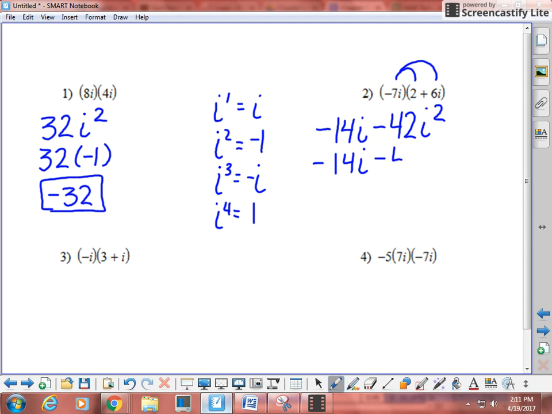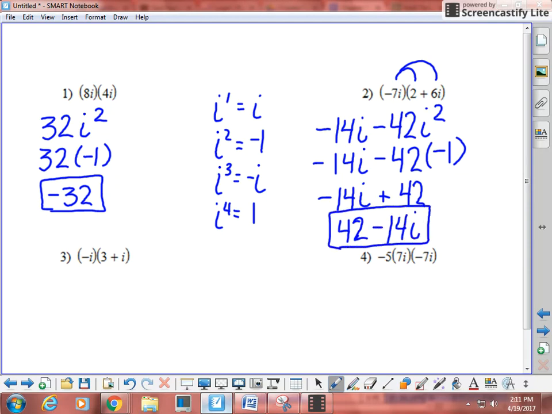The second one, I squared is really negative 1, so multiplying those together, I get negative 14i plus 42, because that becomes a positive. And remember, when we write our final answer, we want the real stuff to come first and the imaginary stuff second. So it's 42 minus 14i as my final answer.